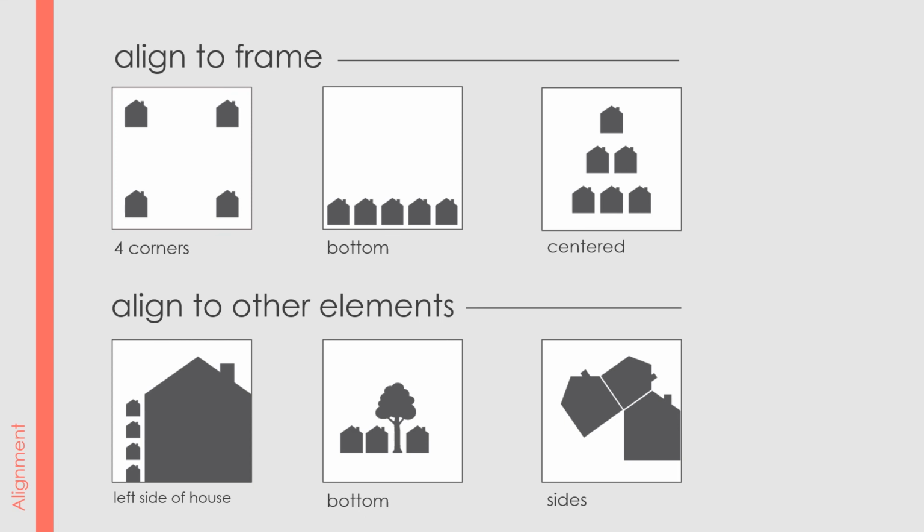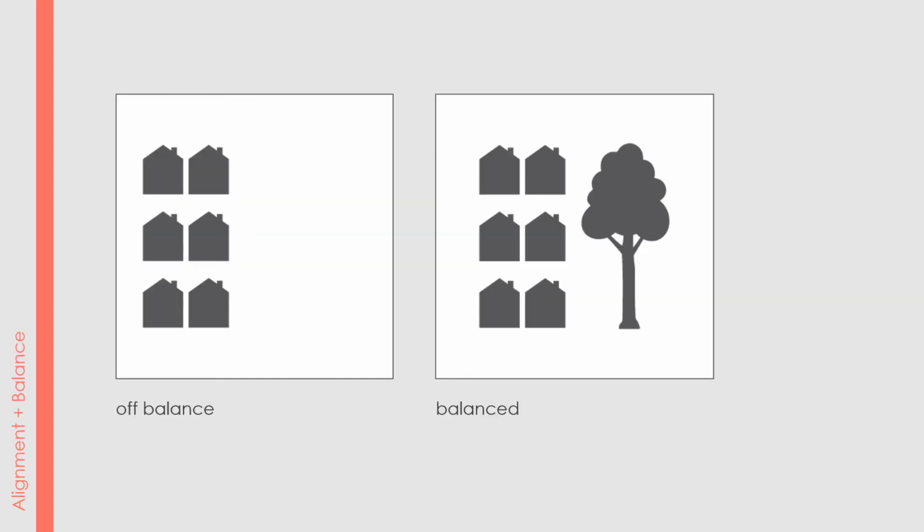Like around the contour of the lips, or to a baseline where all the elements end on the same bottom edge, or to the side of a larger element, any of those types of alignments. And again, the purpose of alignment is to help create an underlying structure and to help your designs feel professional and not sloppy, help them feel intentional.